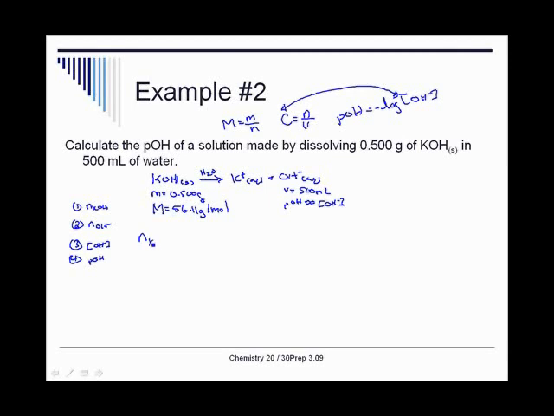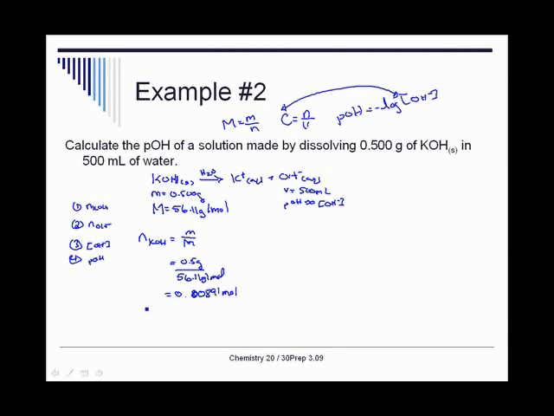First we need n of KOH. It's going to be mass over molar mass. So 0.5 grams divided by 56.11 grams per mole, and we get 0.00891 moles.